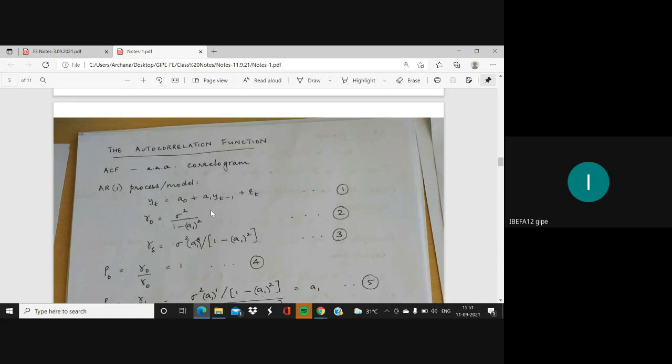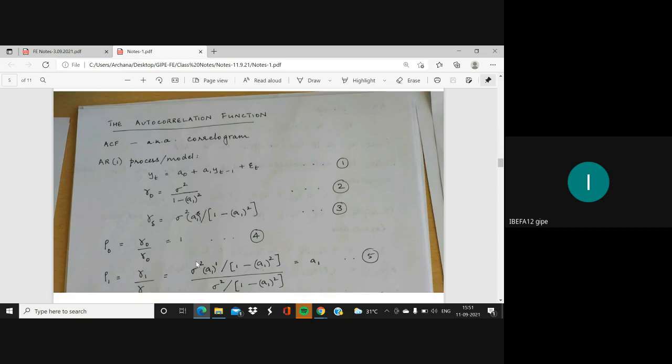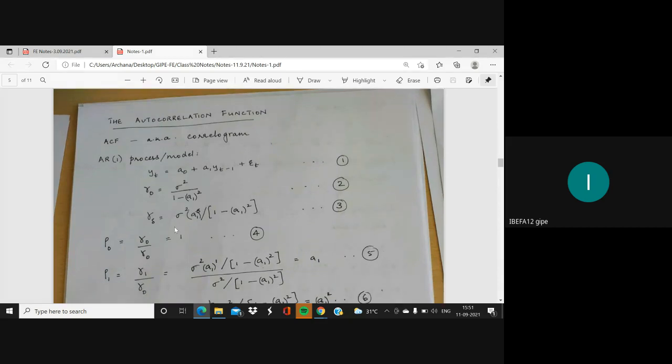Again, you will find that the variance is constant and finite, and the autocovariance does not depend on time, only on the lag between the two time periods. Now to find the autocorrelation coefficient, this is the general method: we denote the autocorrelation coefficient by rho i, where i takes values from 0, 1, 2, 3 and so on.